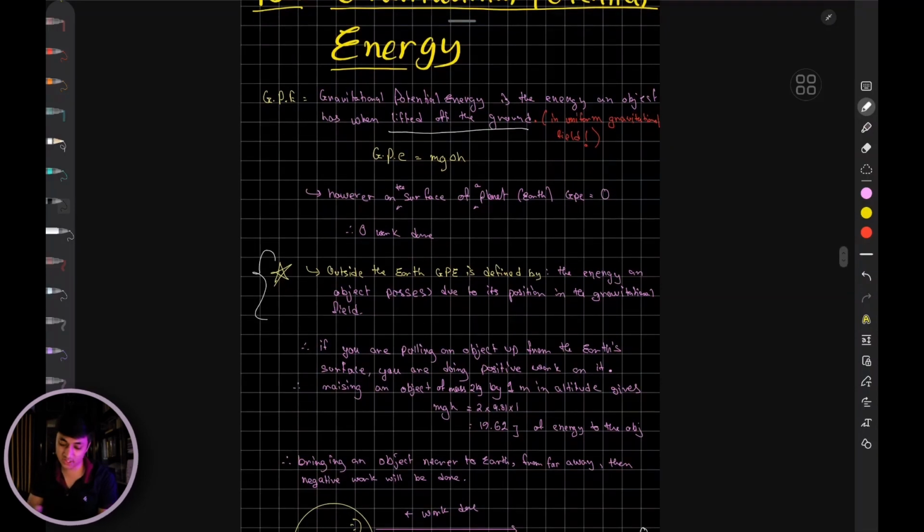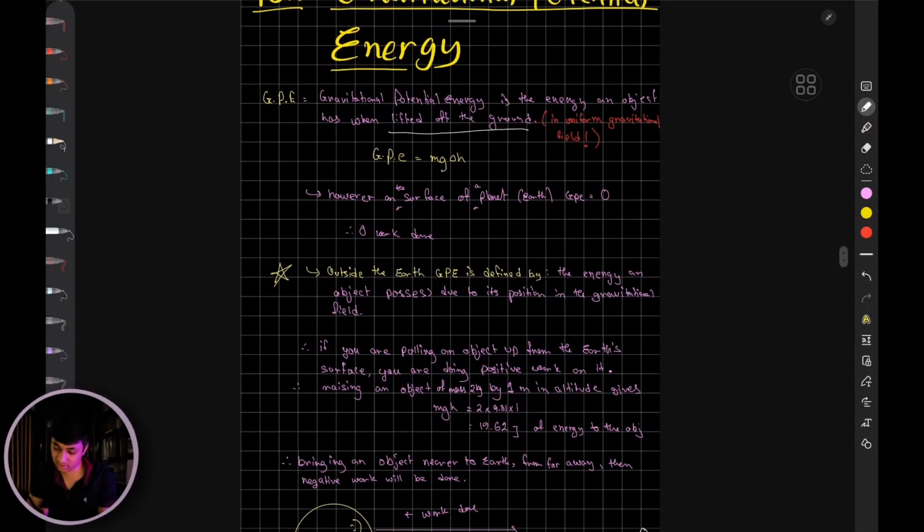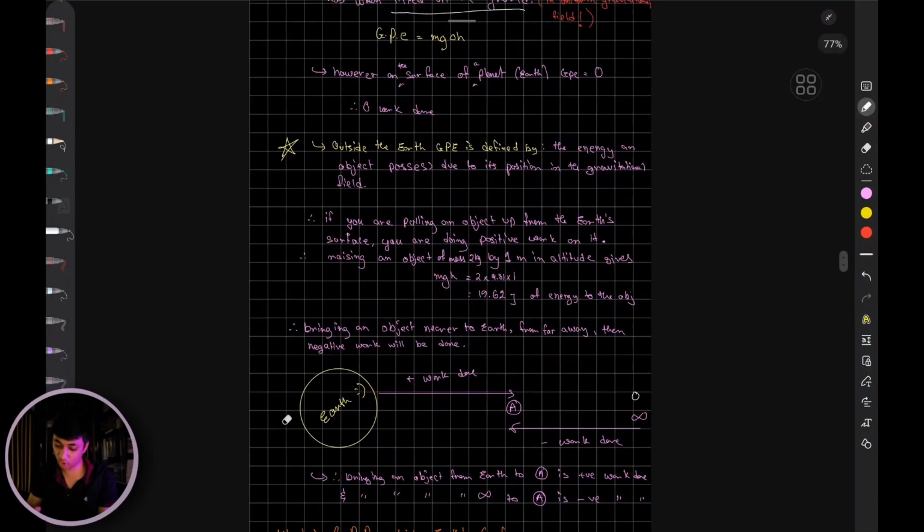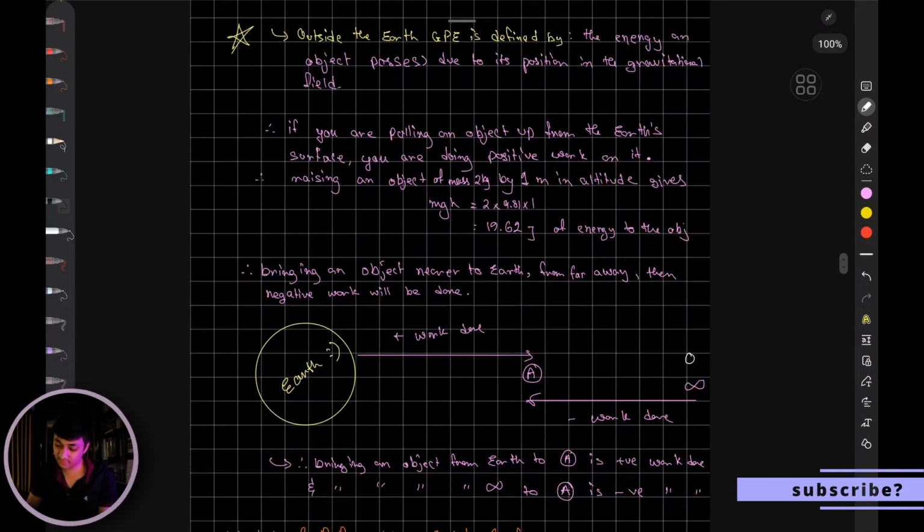Now, this is a way you can define gravitational potential energy in general, but this is not how you're going to write it in the question paper. I'm going to show you what the real definition is. But you can say the gravitational potential energy is the energy an object possesses due to its position in the gravitational field. Let's say I have an object here.